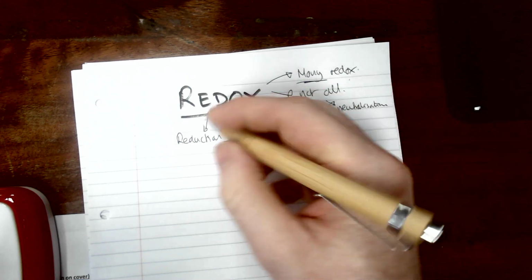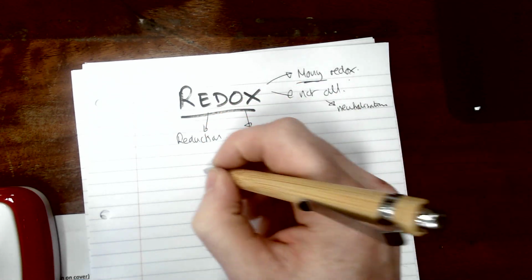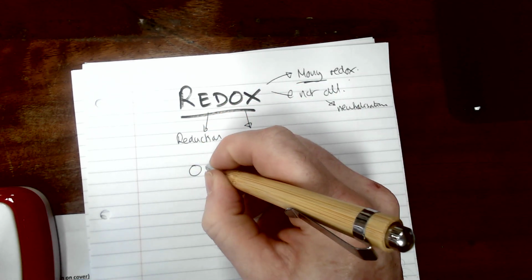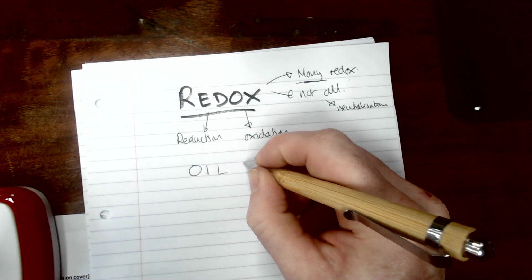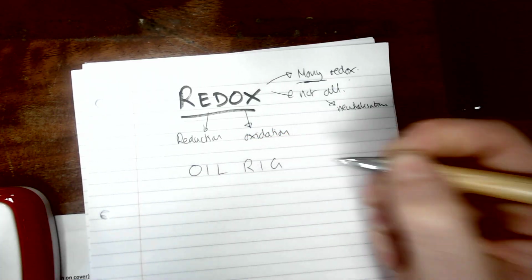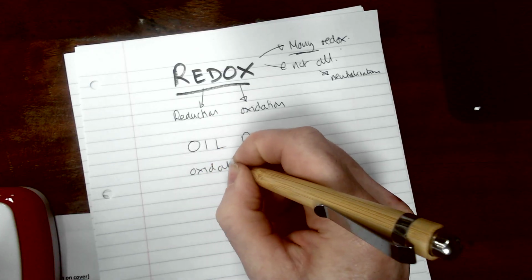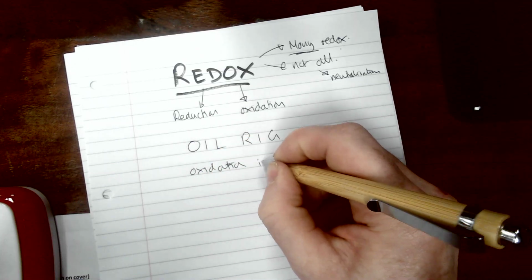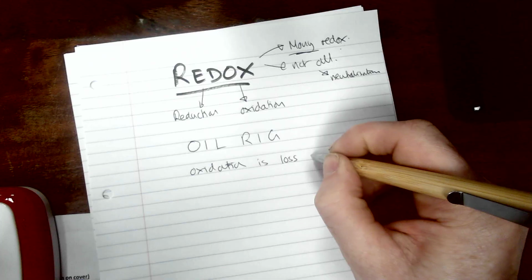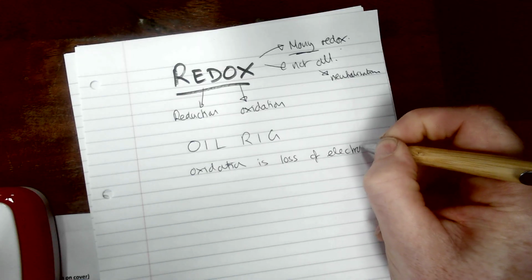So reduction and oxidation. Well, you'll have done this a little bit at GCSE before. You'll come across this mnemonic, OIL RIG, and this mnemonic tells us that oxidation is defined as being loss of electrons.